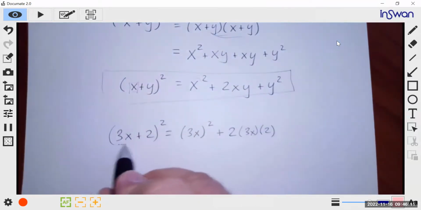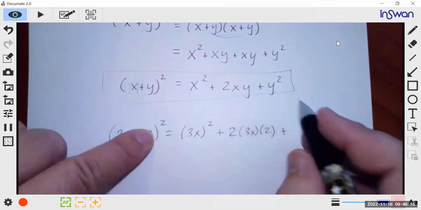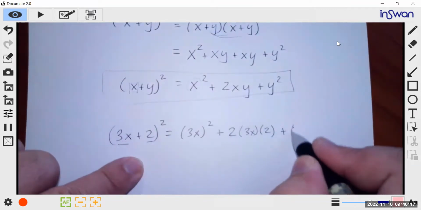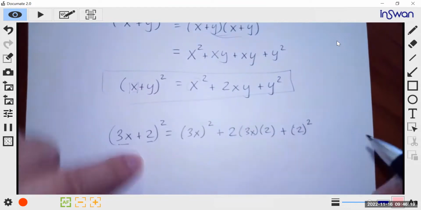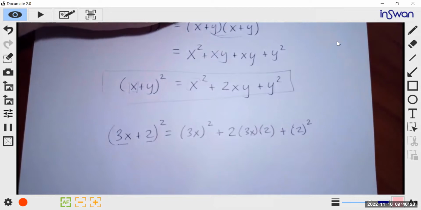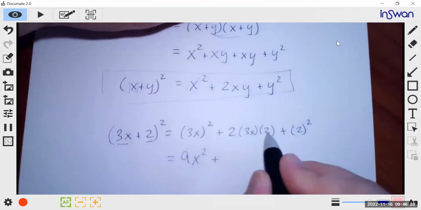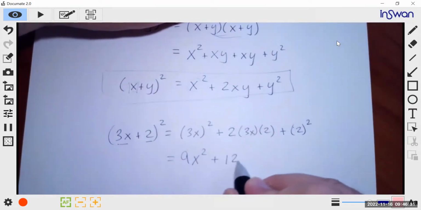So 2 times 3x plus 2, plus the second term squared. This is just a shortcut. So we have 9x squared. 2 times 2 is 4 times 3 is 12.